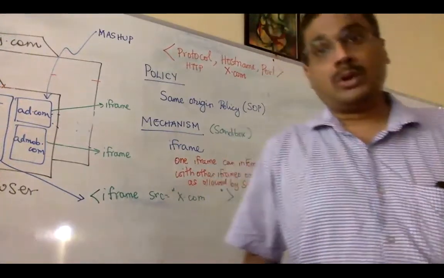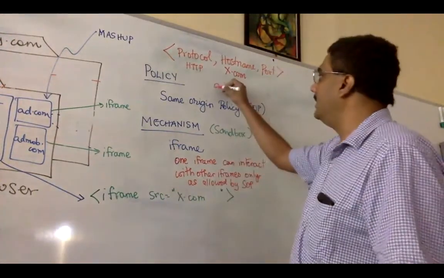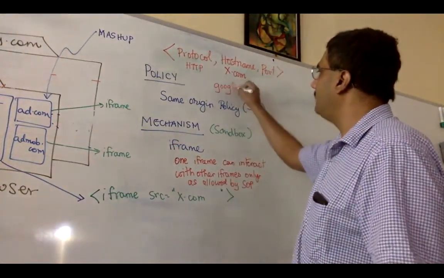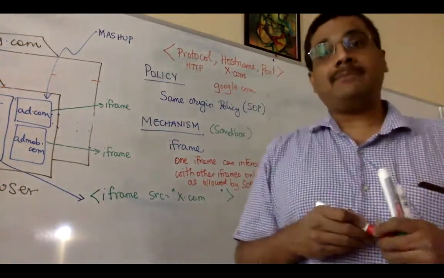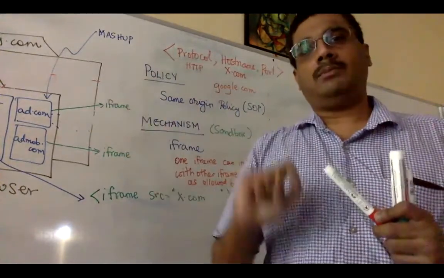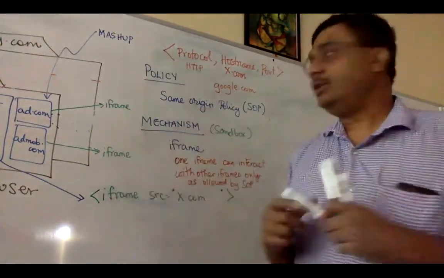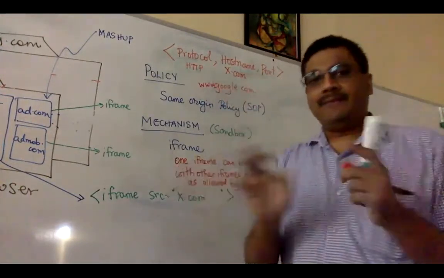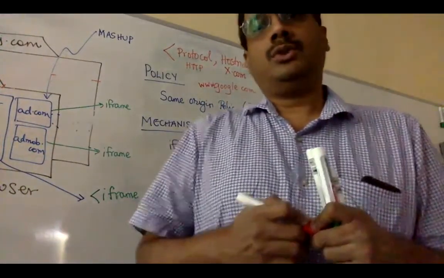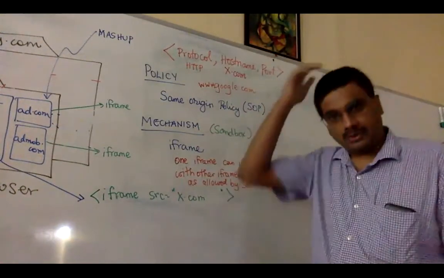All content from Google, for example, is tagged with the domain name google.com. Even if you go to mail.google.com, in fact, it's www.google.com/mail. Okay, and the top level domain is used as the host name.